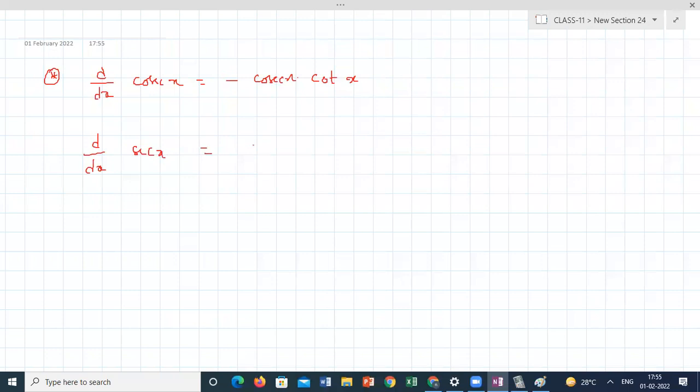You can try at home. If you are able to do any kind of trigonometric functions related to first principle, you can crack it easily. Also, d by dx of cot x, prove it is minus cosecant square x. You can try these questions.